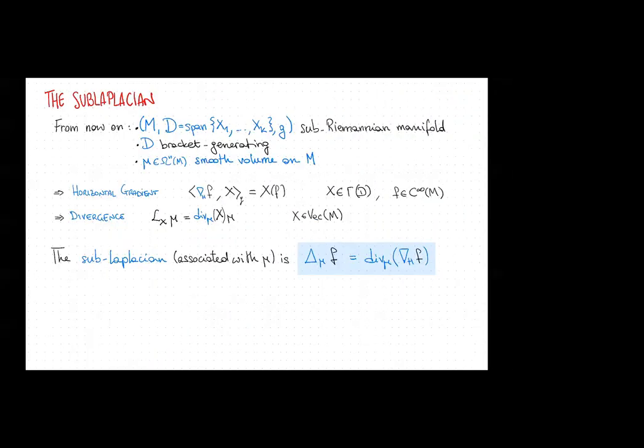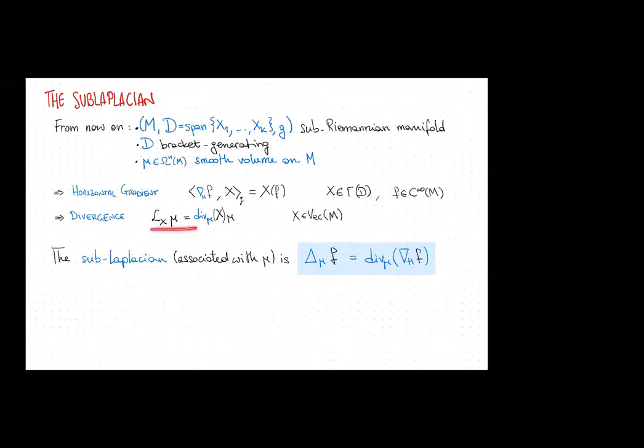So given that we don't have a natural volume to choose, and we just have to pick some smooth volume, let's see how we define the gradient. Once we have defined a volume, then we are done. We have the horizontal gradient, which is exactly what you had. This is g of gradient f, x. It's exactly what we have in the Riemannian case, but now it's defined just on the distribution.